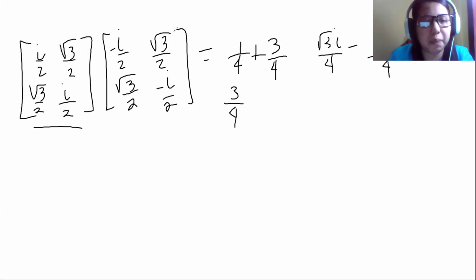Square root of 3 multiplied by square root of 3 is 3. Plus negative i multiplied by a positive i. So again, that is negative i squared. Negative of i squared is positive 1. So 2 times 2 is equal to 4.